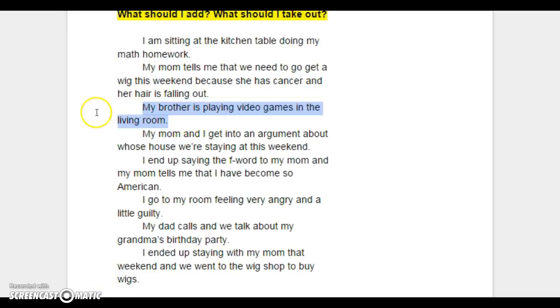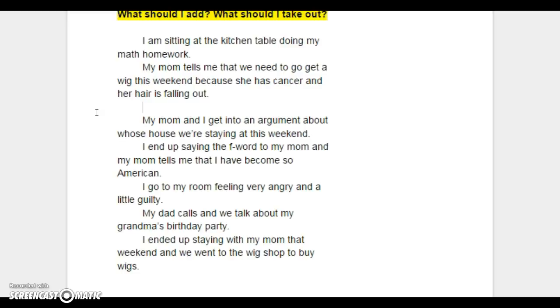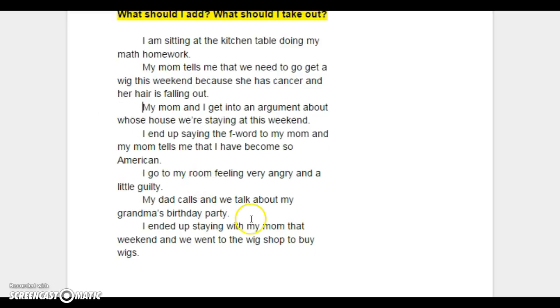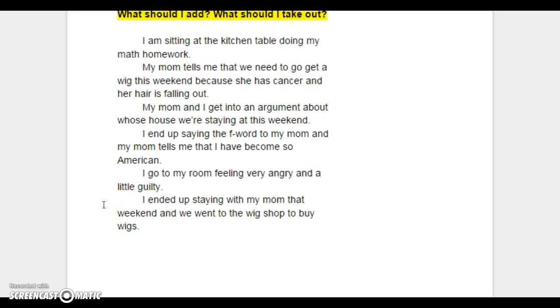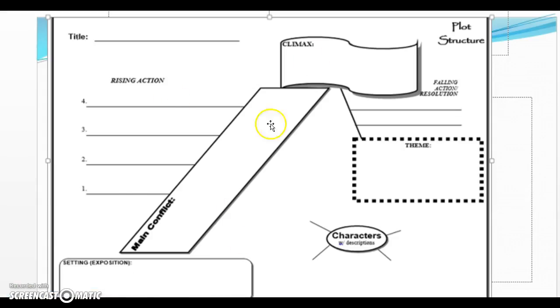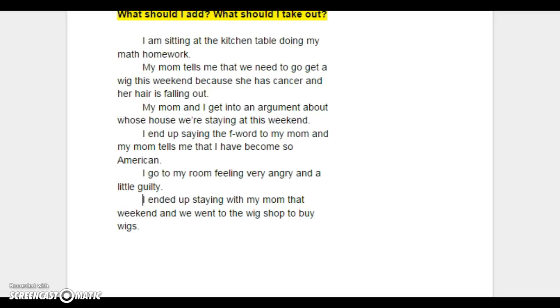My brother playing video games in the living room is not related to my overall story, so I'm going to take that out. The other part that's not related to my story is my dad calling me about my grandma's birthday. A lot of your narratives go into detail about parts that aren't related to your overall story and your overall plot diagram. So you should delete any paragraphs that are not related.